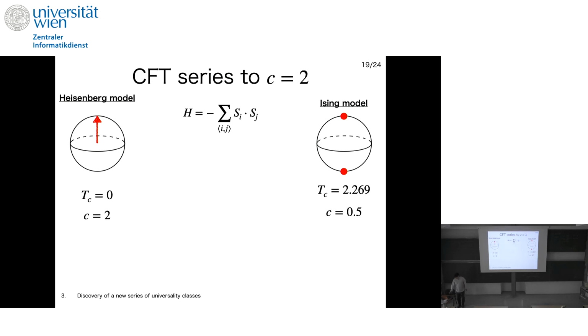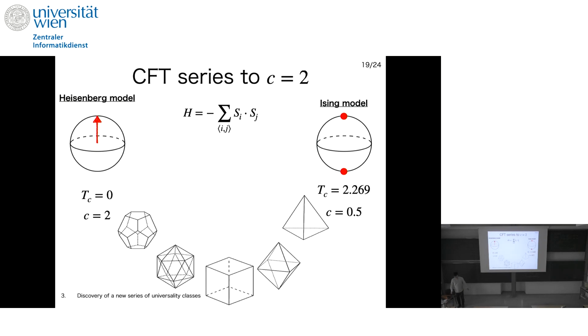And what I mean by series is that you can go little by little to find this series of regular polyhedra, all of which have a spontaneous symmetry breaking. And what I found interesting is that the only criticality that is known is the Ising model, the Heisenberg model, this four-state Potts model, and this one is 3 times the Ising model.